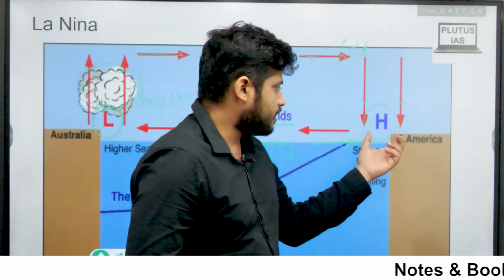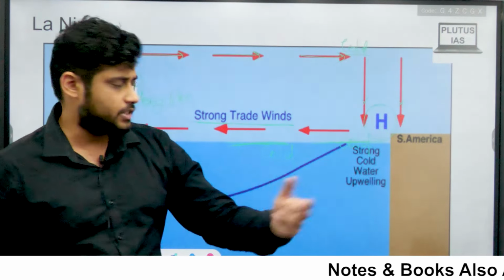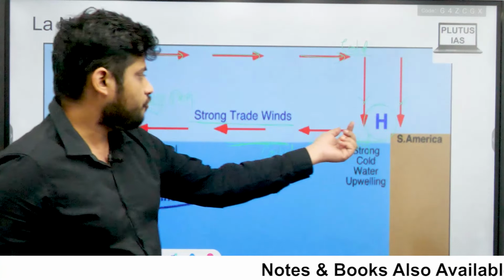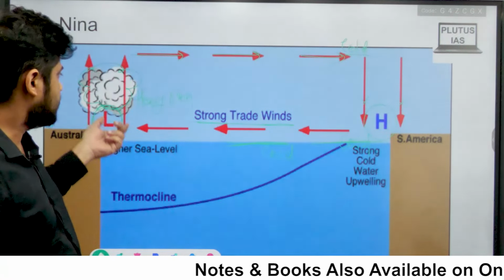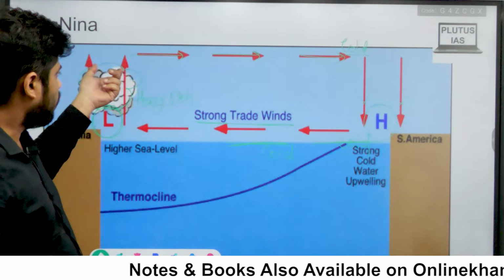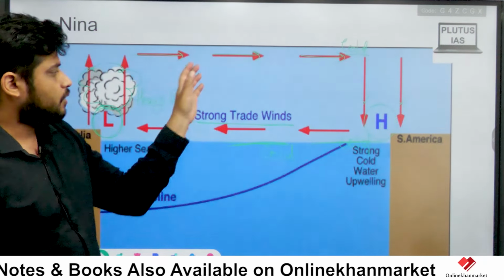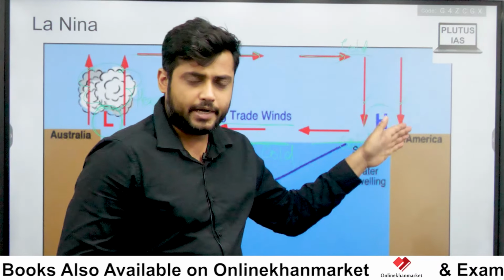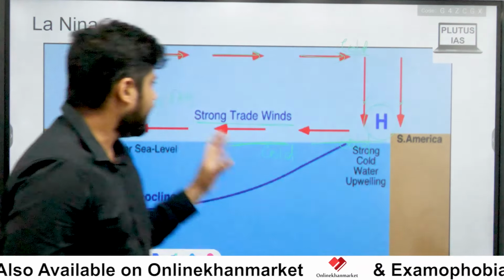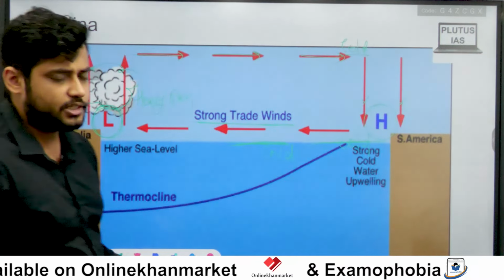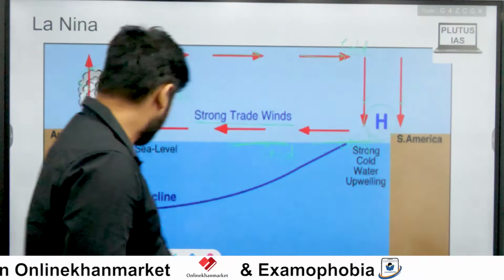Over the South American coast, we have the colder sea surface, the pressure is high, and the winds move from high to low. At low pressure, the air rises, leading to formation of clouds, and then it moves in the upper part of the atmosphere towards the South American coast, completing the circulation. Such circulation is known as the Walker cell.